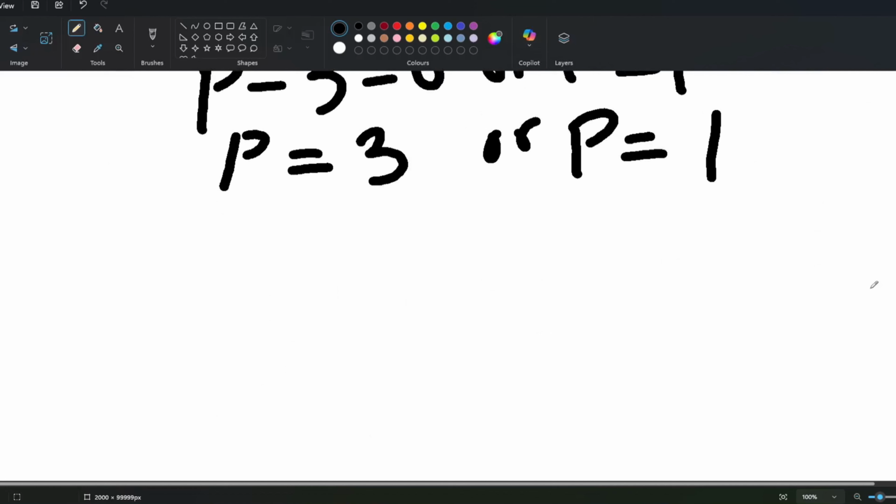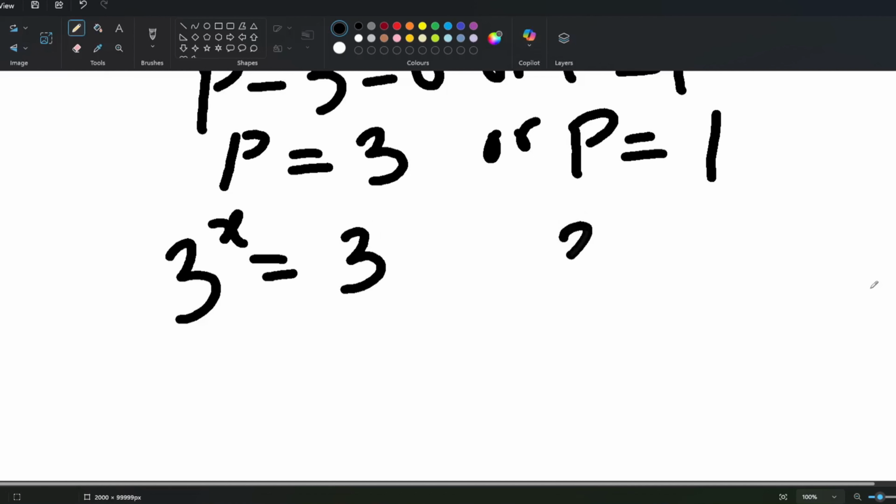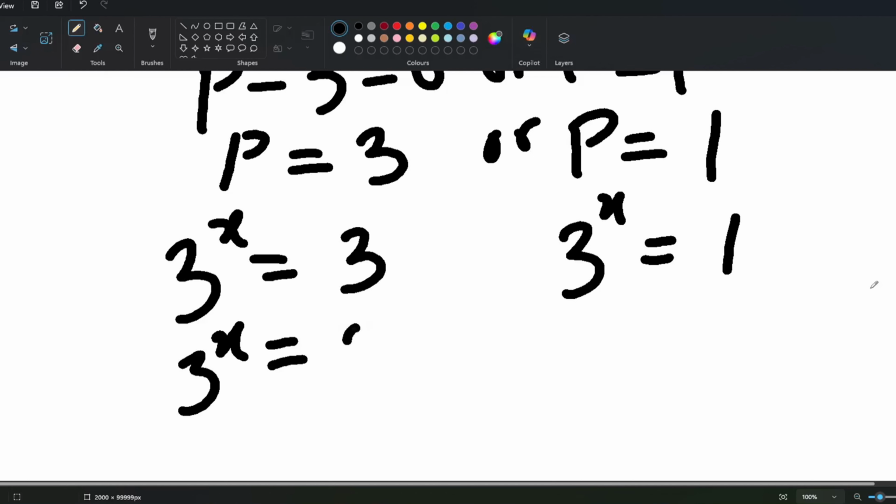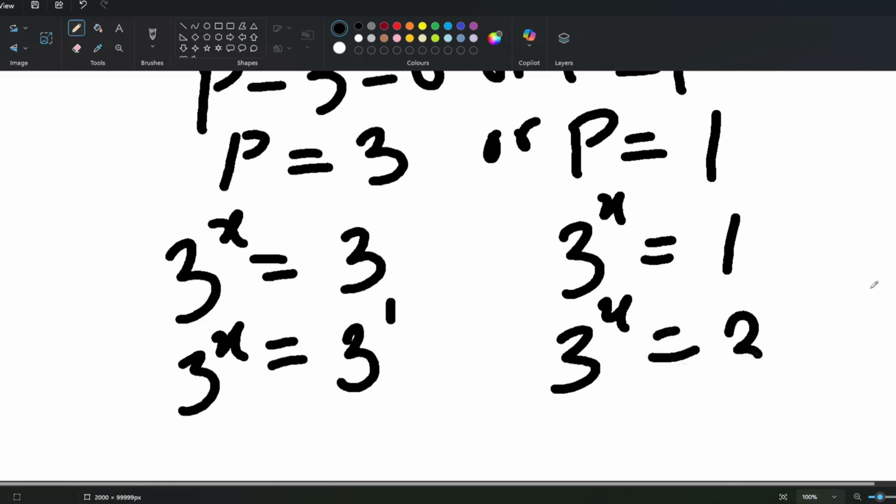So what is p? P is 3 raised to power x, so it is equal to 3 here, and 3 raised to power x is equal to 1 here. Okay, so this 3 raised to power x is equal to what? 3 raised to power 1 here, and 1 is 3 raised to power 0, right?